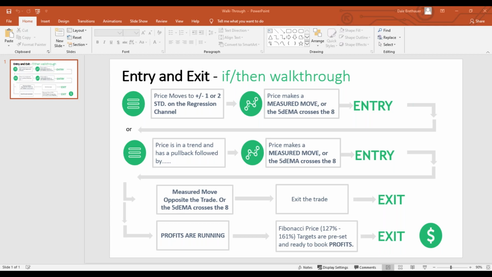The entry and exit walkthrough, that's the whole strategy right here. If we adhere to these rules, you know when to execute a trade and you know when to get out. Now, there are times, and we've got one right now with Danaher, DHR, where we got in and it immediately went in the other direction.